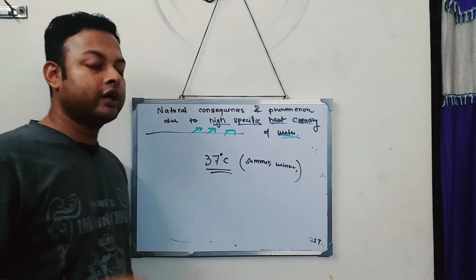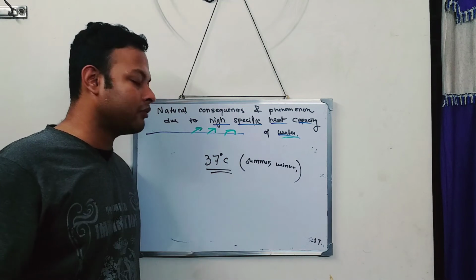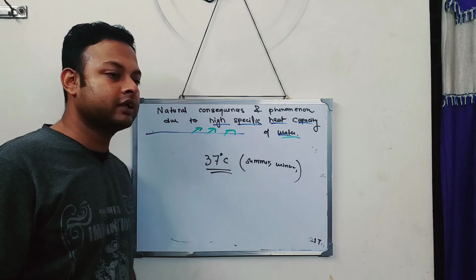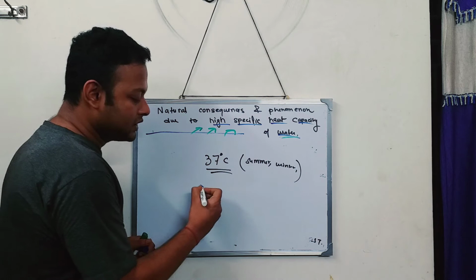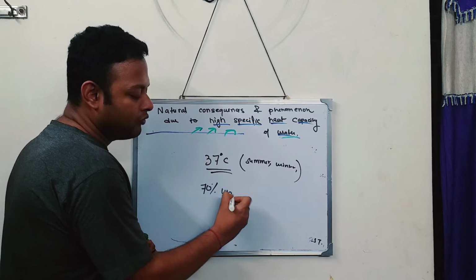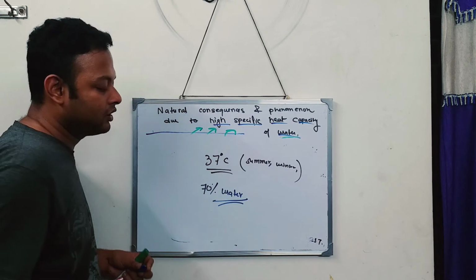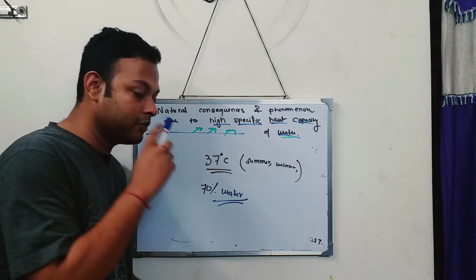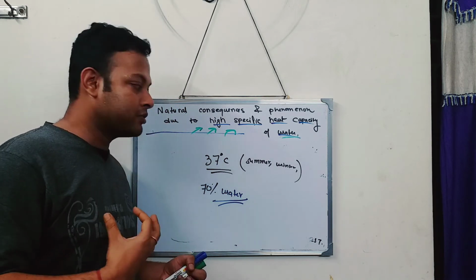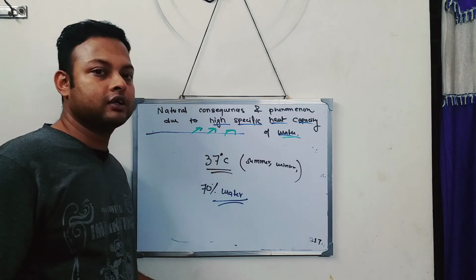Now, how is it possible? Because, if you happen to know, our body contains 70% water. So this 70% of water keeps our body at this temperature.